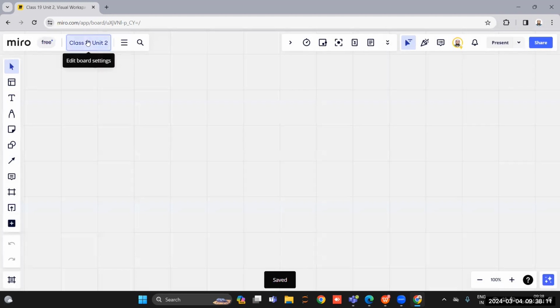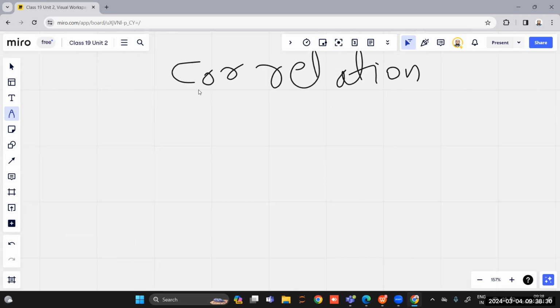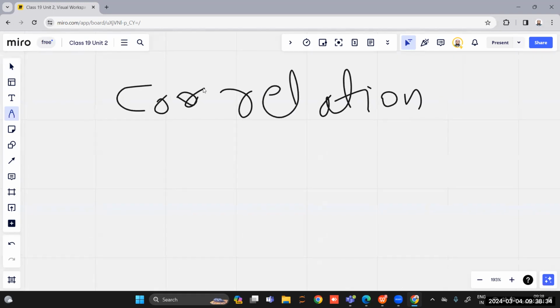Okay. So yesterday we started with unit 2 and we had seen correlation. We have seen that correlation generally cannot tell you about the future or the prediction from the graph.